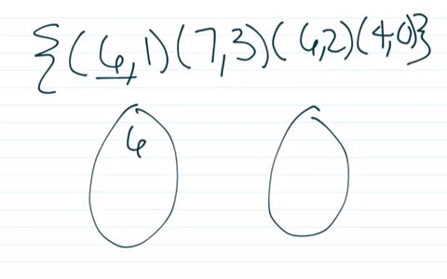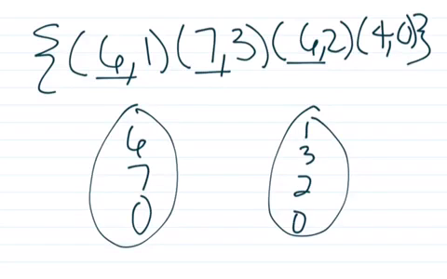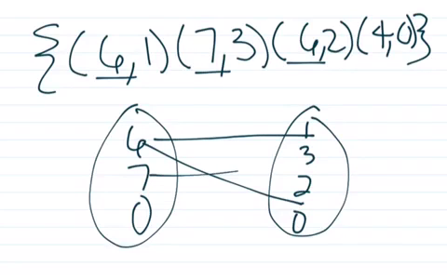I have a 6, I have a 7, I already have a 6, so I don't need to write that again, and then I have a 0. Okay? Then for my range, I have 1, 3, 2, 0. This 6 goes to the 1, the 6 also goes to the 2. Alright, 7 goes to 3, 0 goes, that wasn't 2.